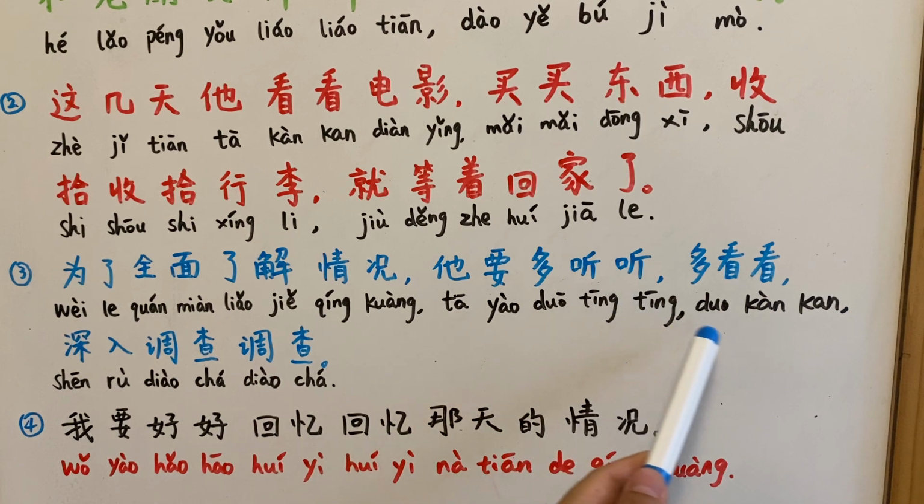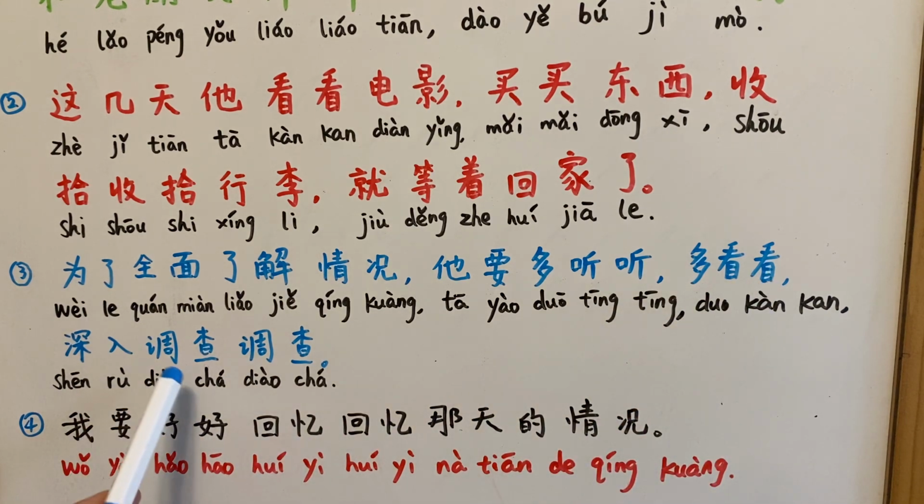This 听听 and 看看 and 调查调查 is A-B type, right?